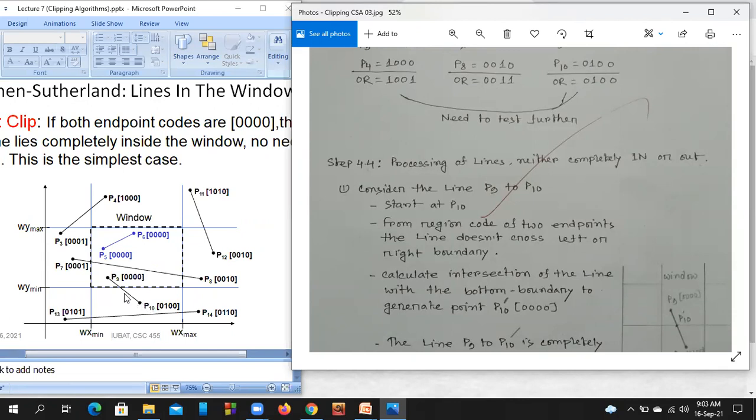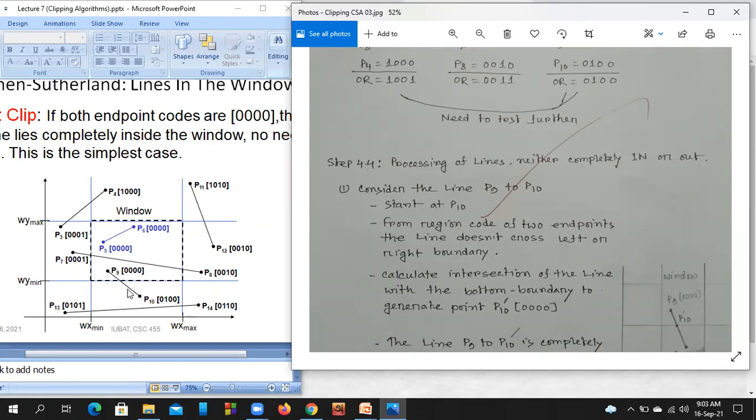When you start from there, this is a convention: when you cross over any boundary, wherever you are entering, that region code indicates it. So for P10, the point on the boundary, the region code is 0000 at P10 prime.